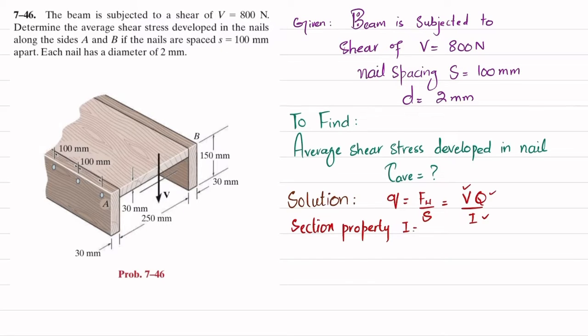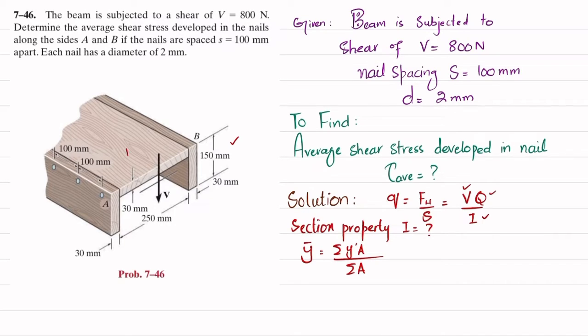For section property I, which is not known, we will first find the neutral axis passing through the centroid. Because this beam is not symmetrical about a horizontal axis, we will first find the centroidal axis. For that we have the formula y bar is equal to the sum of y dash into A divided by the sum of areas.